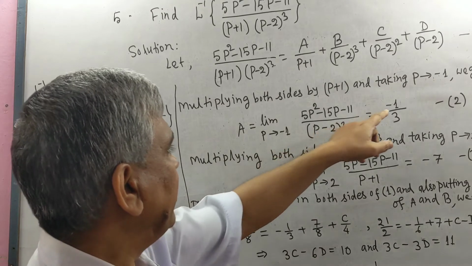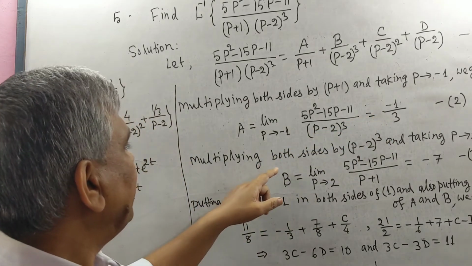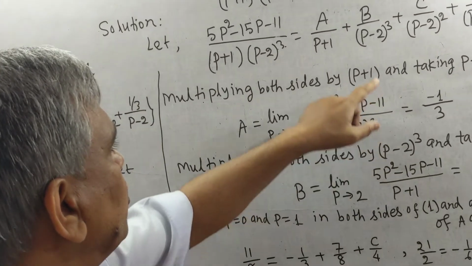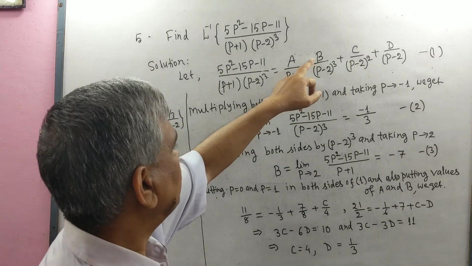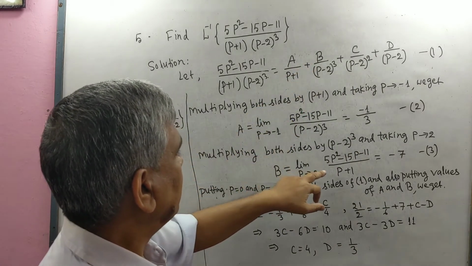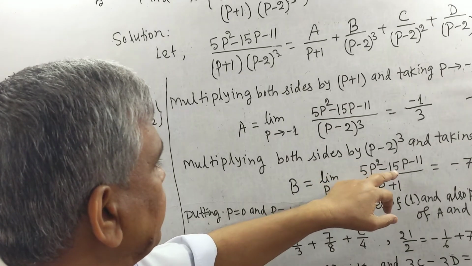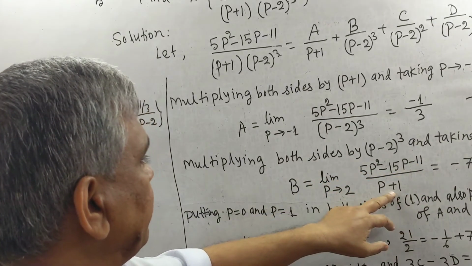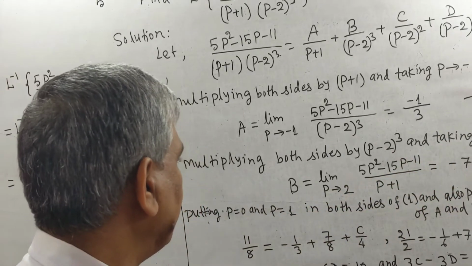This gives the result minus 1 by 3. Again, multiplying both sides by p minus 2 whole cube and taking p tends to 2, we get the value of b. Limit p tends to 2 of 5p square minus 15p minus 11 by p plus 1 gives the value minus 7.